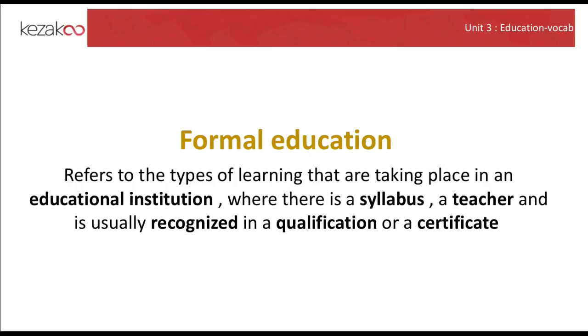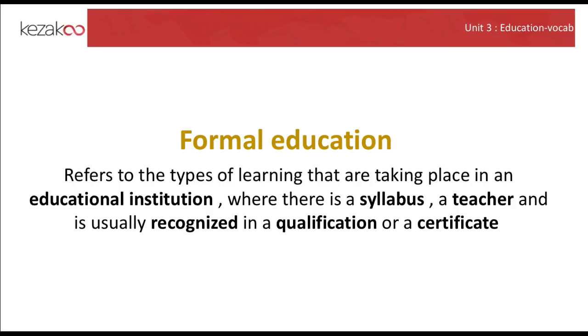When we talk about formal education, it refers to the types of learning that are taking place in an educational institution where there is a syllabus, a teacher, and that is usually recognized within a qualification or certificate. So, in order to go more into details, when we are talking about formal education, in another way, we're talking about an educational institution where there is a syllabus.